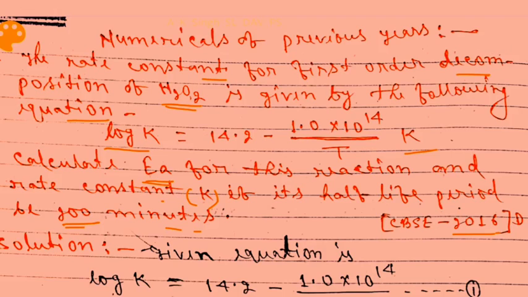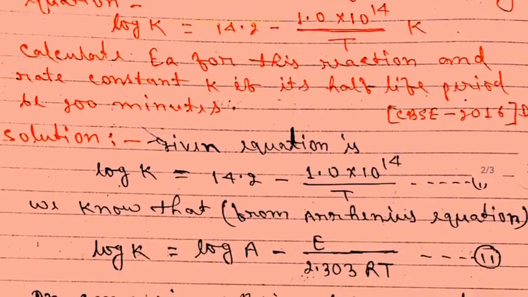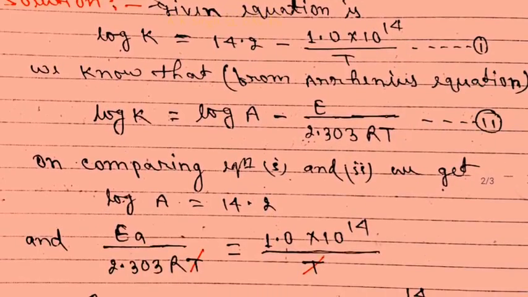Now, solution. How can you solve it? It is given that log k is equal to 14.2 minus 1.0 into 10 to the power 14 by T. Suppose it is equation 1.